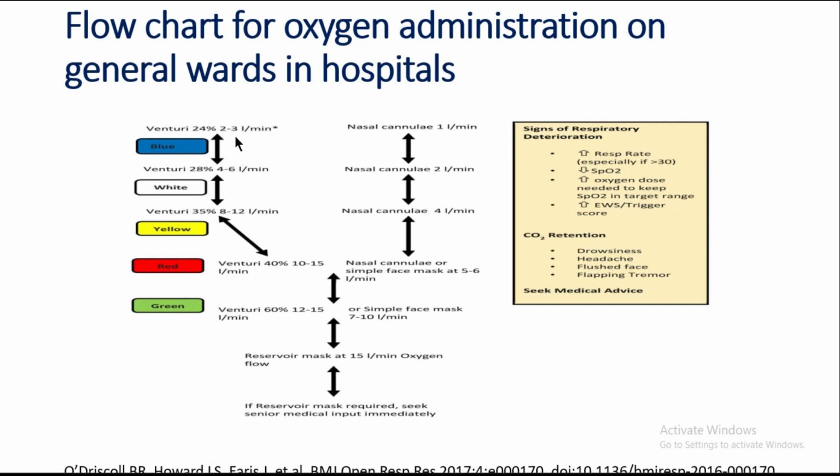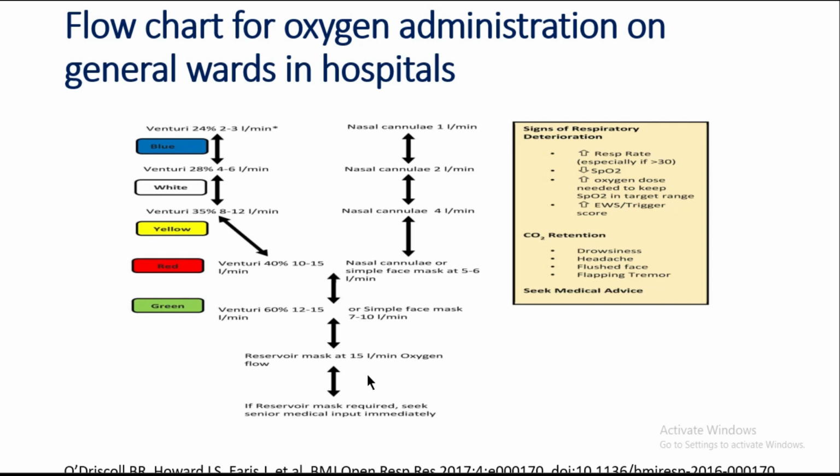And by this you can go up to 4 to 6 liters per minute, 8 to 12 liters per minute, then 10 to 15 liters per minute by Venturi mask, and by nasal cannula especially up to 4 to 6 liters you can give. After that you should use the simple face mask, by which we can give up to 10 liters per minute of oxygen.